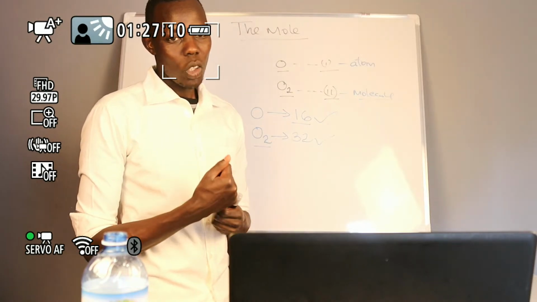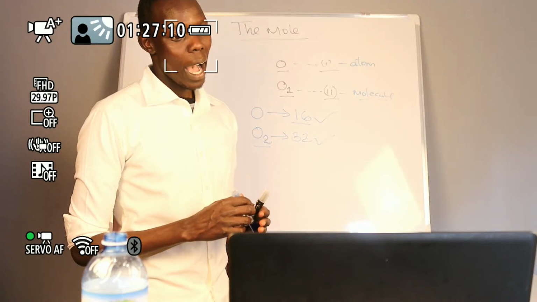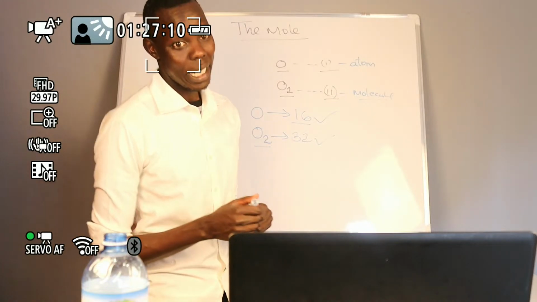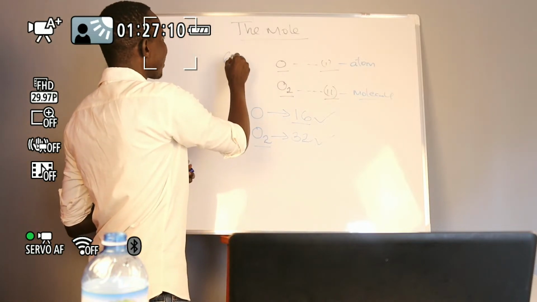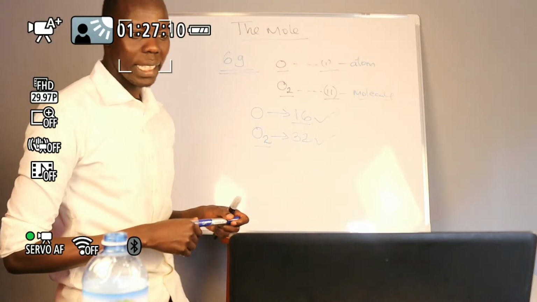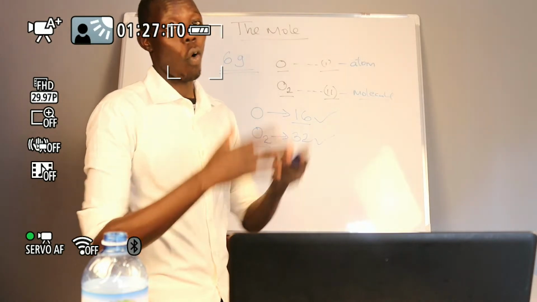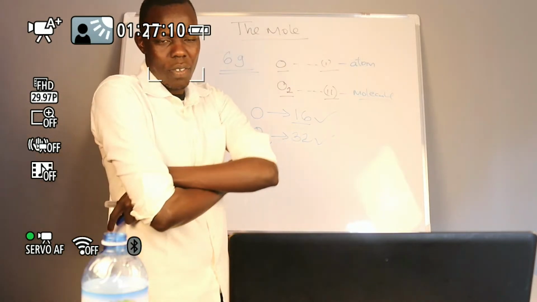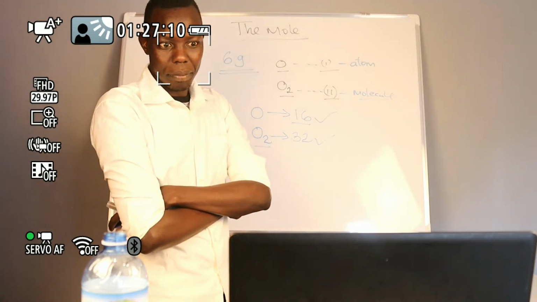Now, if you are told to calculate the number of molecules available in 6 grams of oxygen, yani from nowhere, examiner akwambia calculate the number of molecules contained by 6 grams of oxygen. Sasa unataka 6 grams zimetokea wapi? Molecules zimetokea wapi?